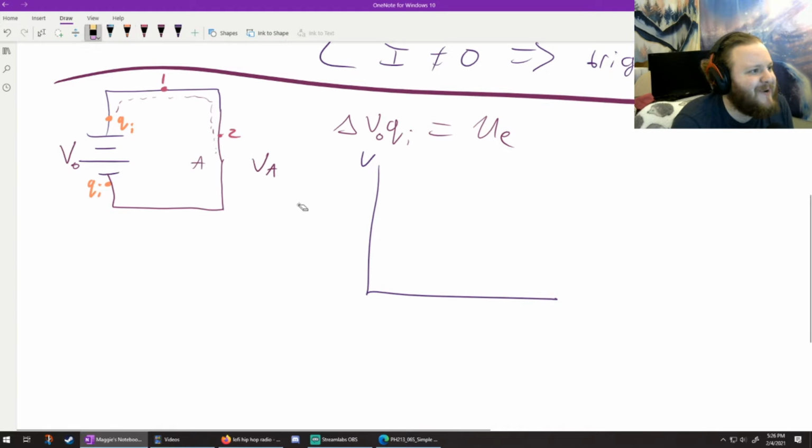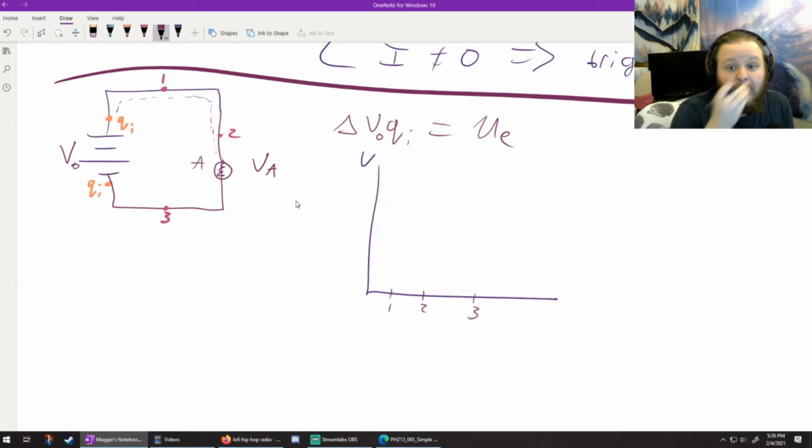Let me draw back in my light bulb, and then let's look at point 3 as well. I want to put these points on my axis: here's point 1, here's point 2, here's point 3. I do know that there is a circuit element, this light bulb A here.